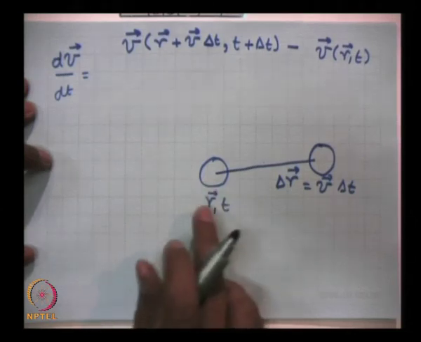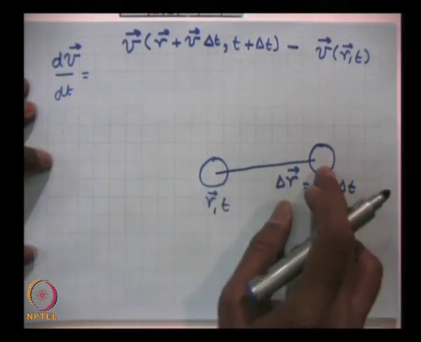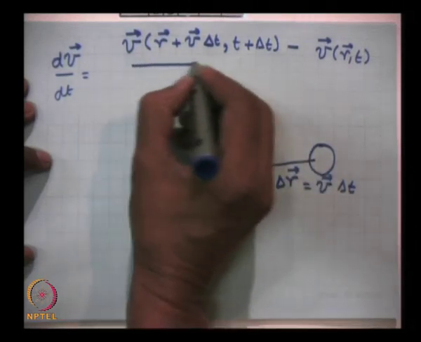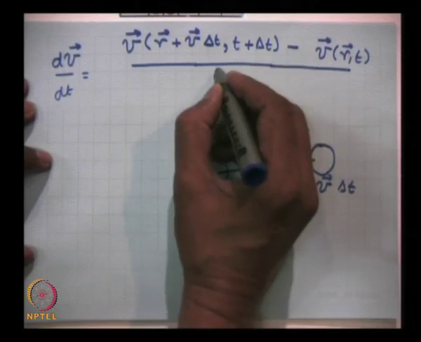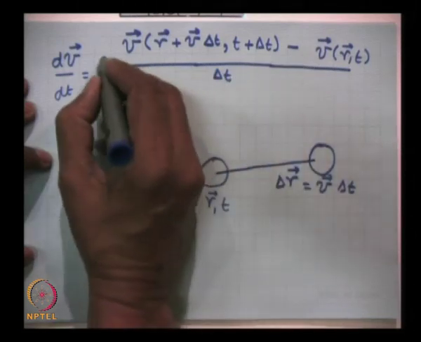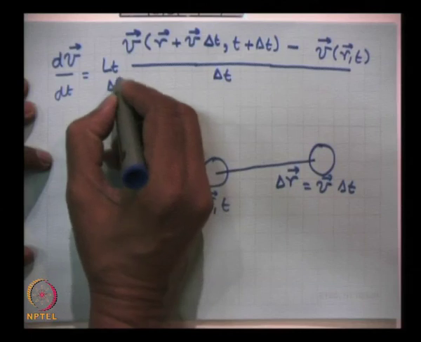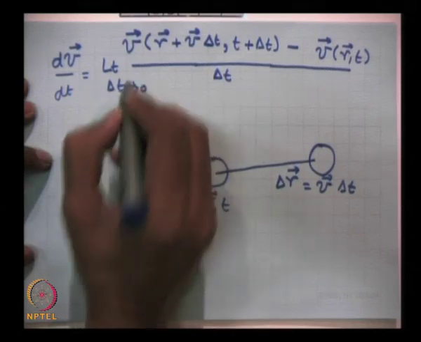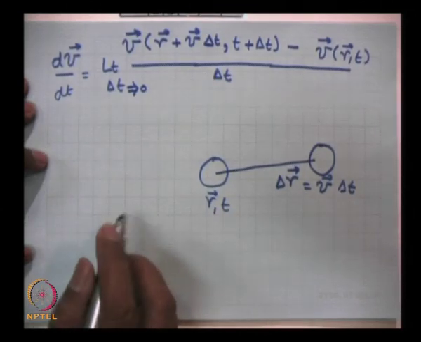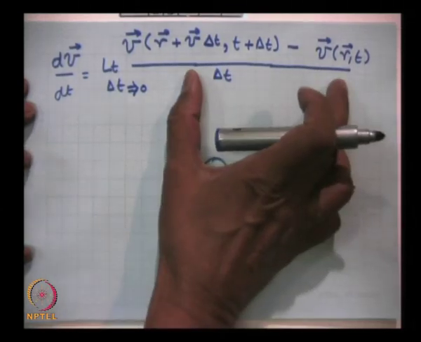So, your eye is fixed on the same particles which were here, then they have moved to here, and divide this by delta t, and then take the limit delta t tending to 0. So, this is the definition of the total time derivative.